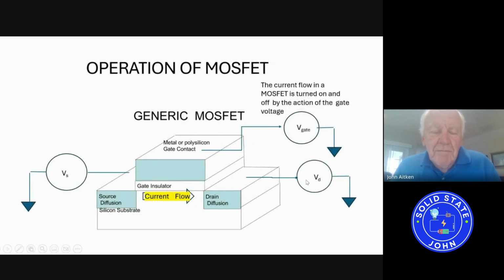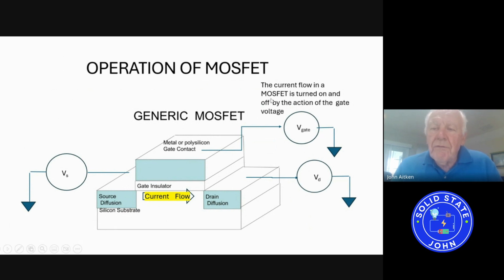This is a very simple picture of a MOSFET, and I put a generic MOSFET on here because I'm talking about a MOSFET which can either be an NMOS or PMOS device, depending on the kind of substrate that it is built on.